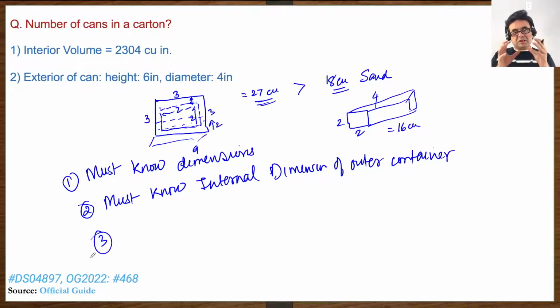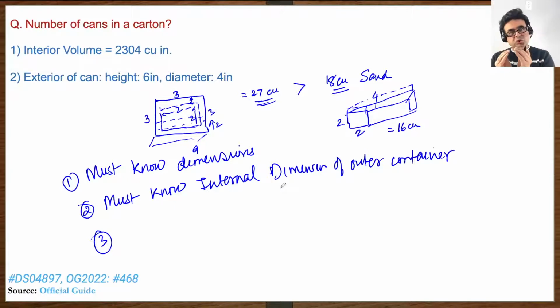Here is the can that you're trying to put inside the carton, which could also have thickness, right? So I gave you this 2 by 2, but it could be this thick, right? Which would make it difficult for it to fit even slightly inside the carton itself.